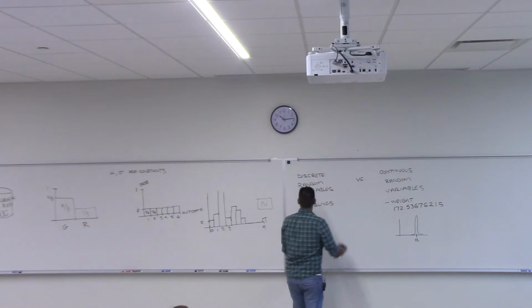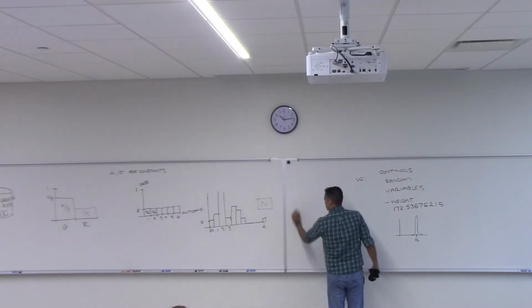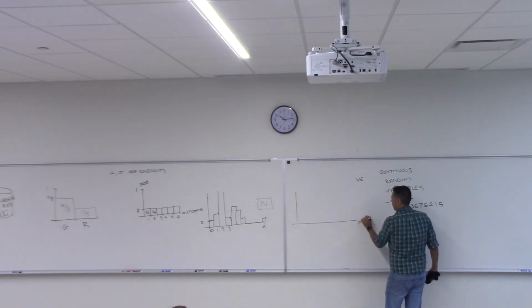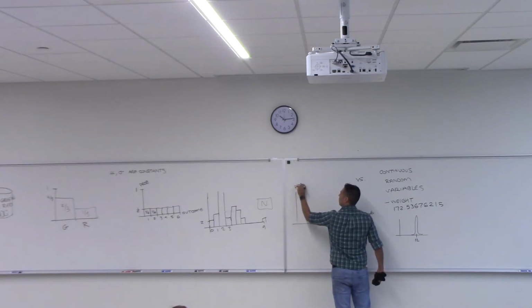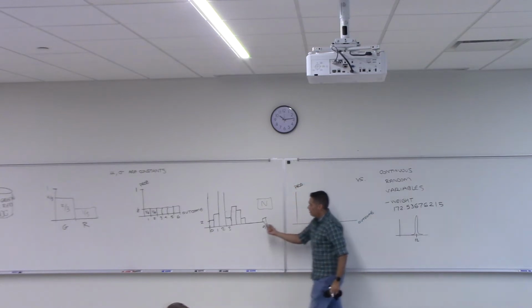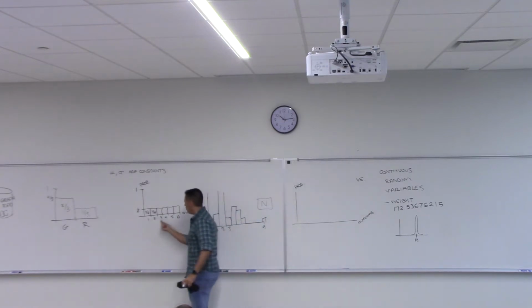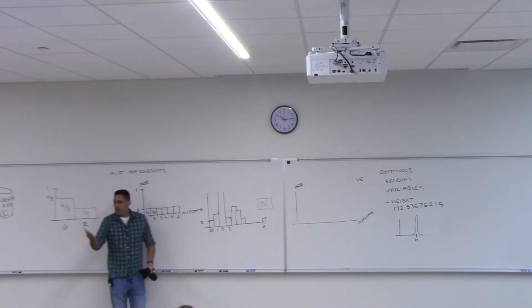So, think about a function where this is your outcome, and this is your probability, but instead of having discrete random variables, 1, 2, 3, 4, 5, 6, or green or red, imagine it's the ounces in a can, right?